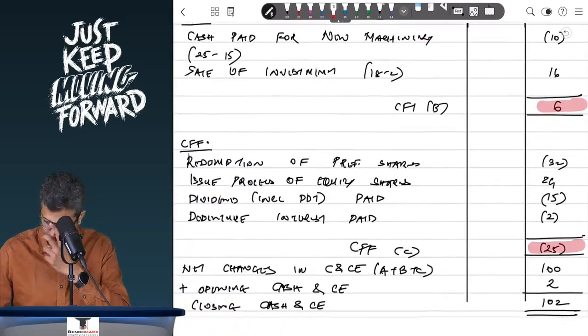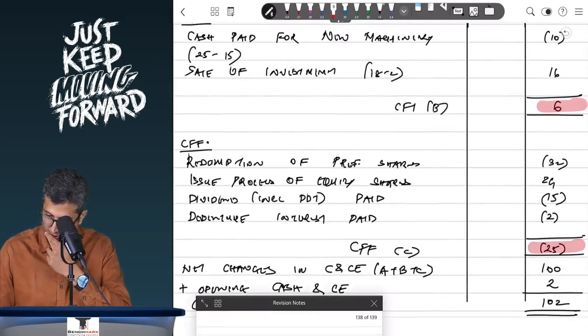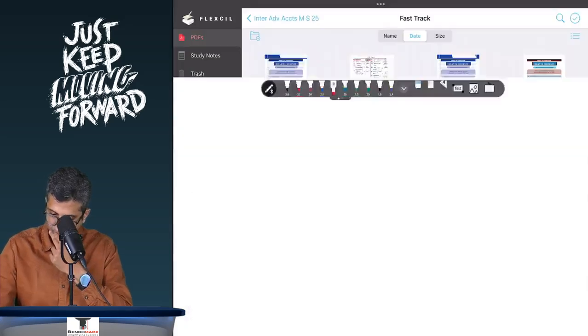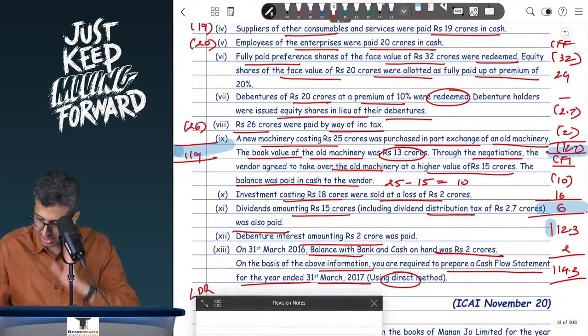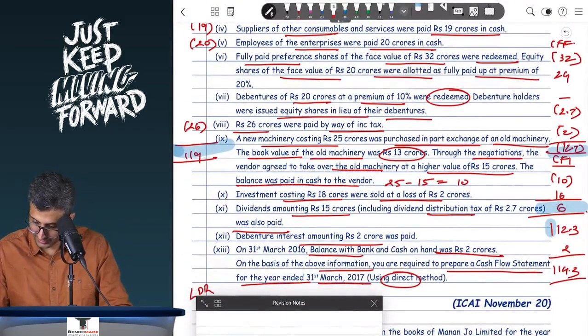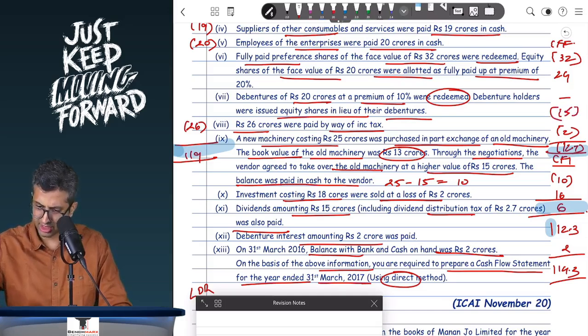I think I've missed out something. Dividend they are saying is 15. किधर है? अच्छा, dividend is 15. Sorry, my bad. It's not 2.7. Dividend was 15. 2.7 तो यहाँ पे सिर्फ dividend distribution tax था. सिर्फ calculation mistake था.